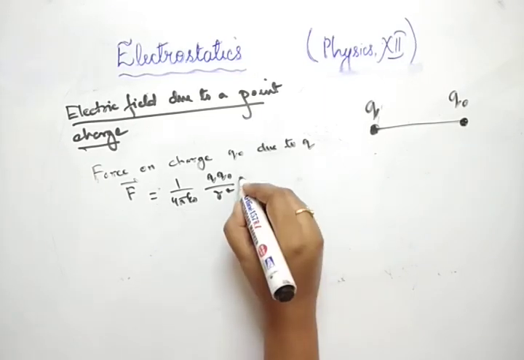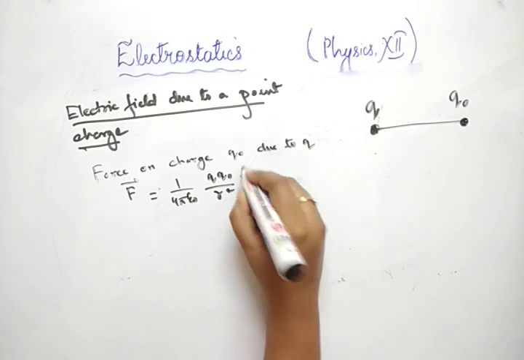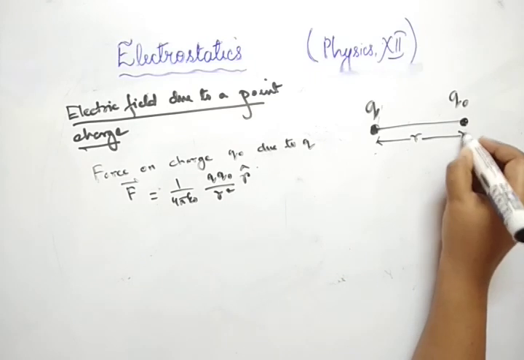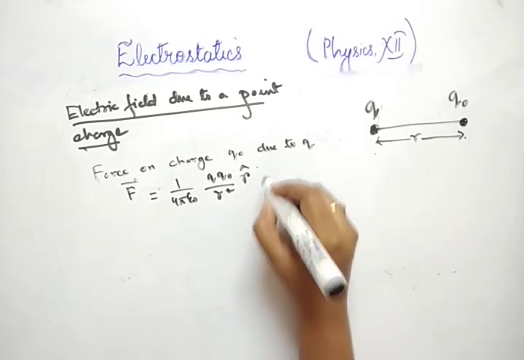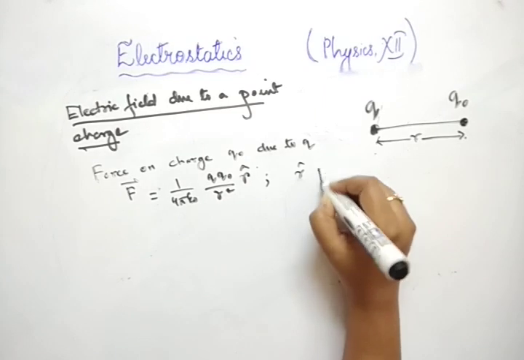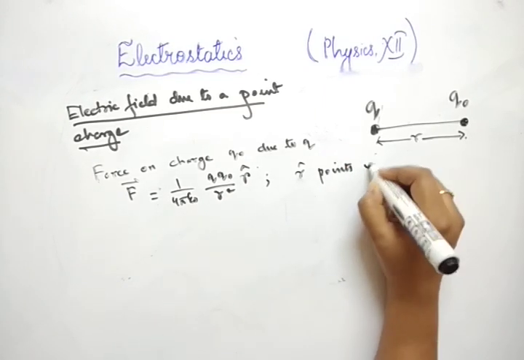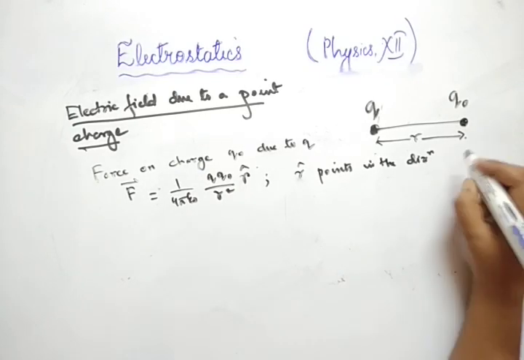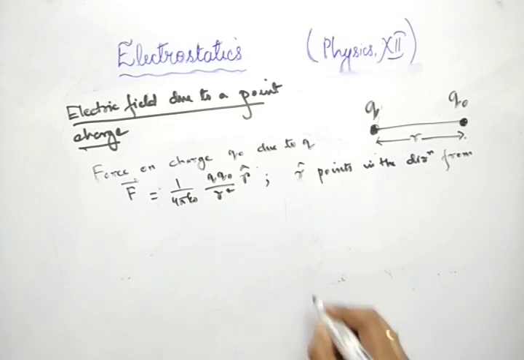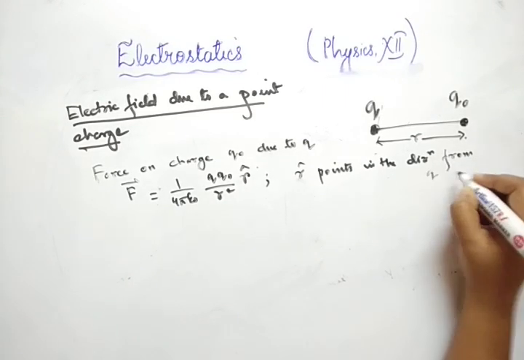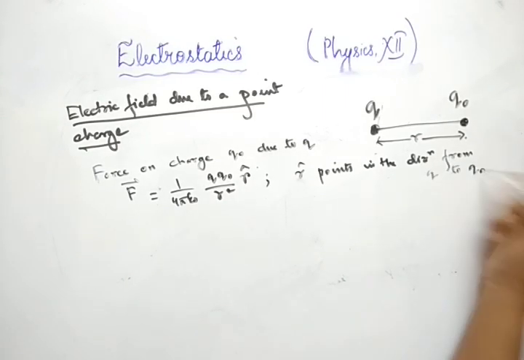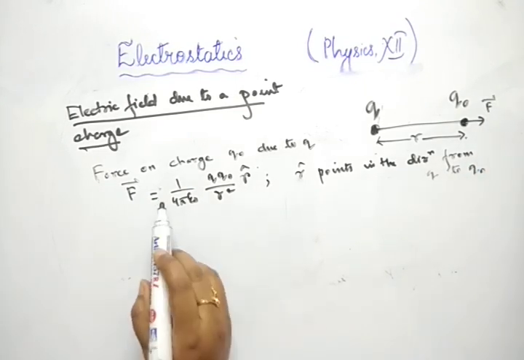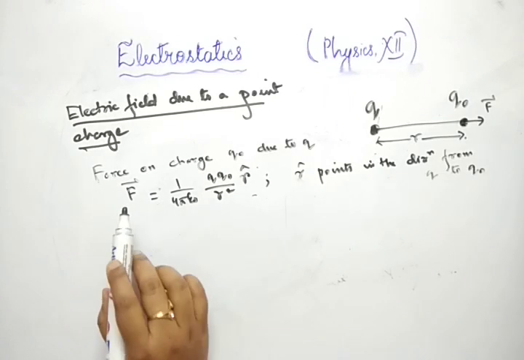So the force will be in a direction given by the R unit vector. This has a distance R. What is the direction of the R unit vector? R points in the direction from Q to Q naught, that means it will apply a force in this direction. So this unit vector denotes in which direction this force will point.